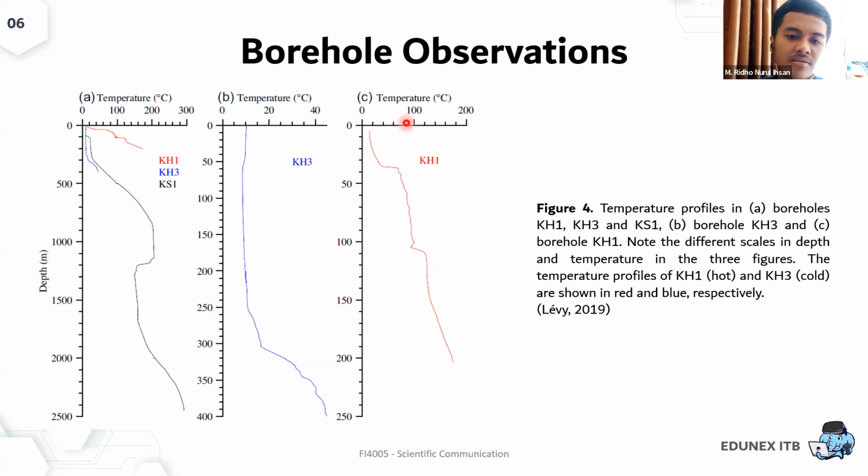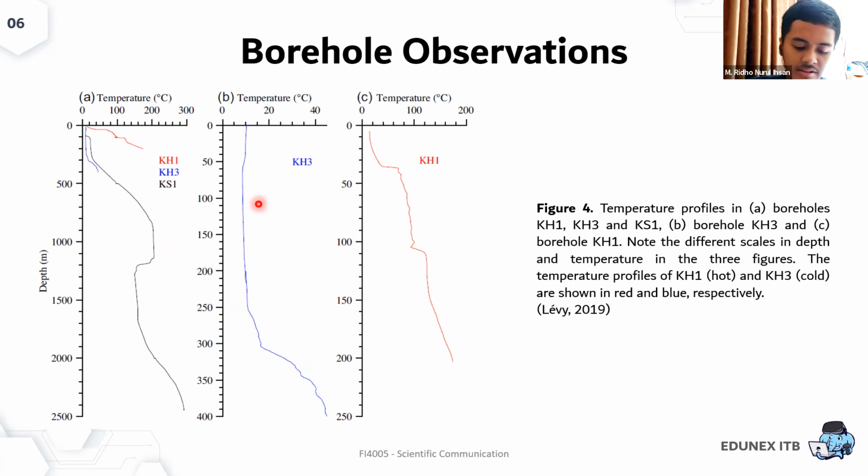For validating or confirming the interpretation, we must consider the borehole observation data. In borehole KS1, a temperature below 4 degrees Celsius is observed in the first 300 meters, but it reaches 300 degrees Celsius at 2,500 meters depth.